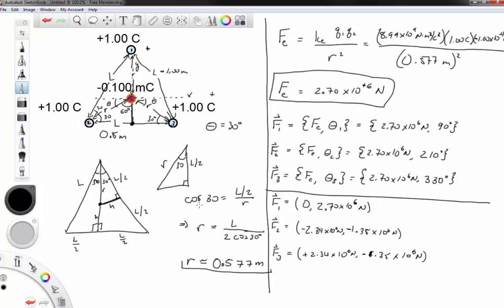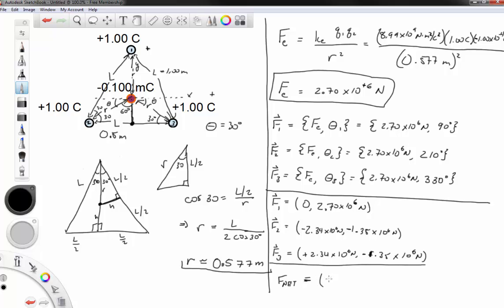All right, so that's our conversions. So if we want to add all these up, we basically add the x components, we add the y components. So we're saying, okay, add all these together. So F net should be 0 minus 2.34 times 10 to the 6th plus 2.34 times 10 to the 6th.